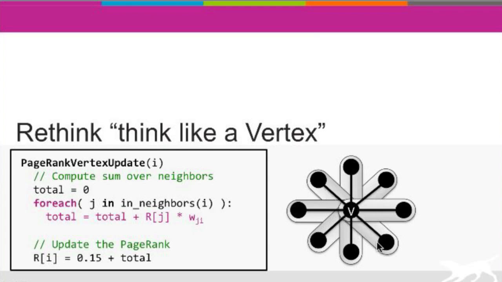And the key observation is that most of the time, it doesn't really matter if these computations on each edge are run at the same time or should be run together for each of the vertices. It means you can arbitrarily interleave these edge functions, and the result will still be the same.